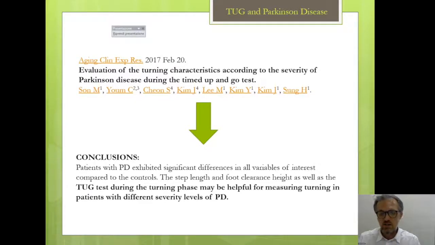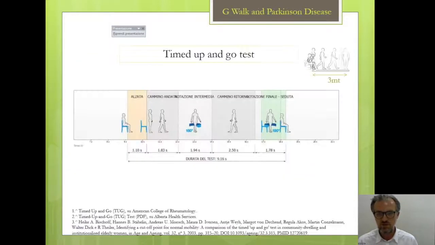As we can see clearly, the turning phase of the timed up and go test can be considered helpful for measuring our patient's ability in turning, in case of different severity levels of Parkinson's disease. This is very important because it is strictly related to the risk of falls in our patients.